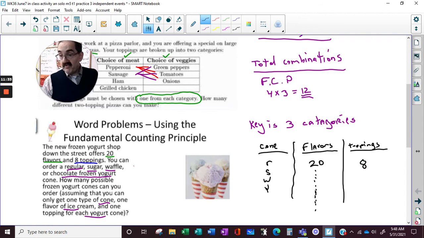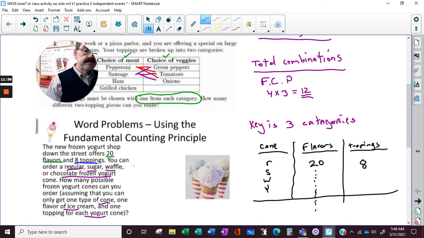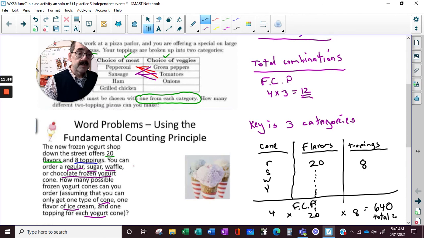So, fundamental counting principle, the FCP. All we're going to do is 4 times 20 times 8. 4 times 20 is 80, times 8 is 640. 640 total combinations.